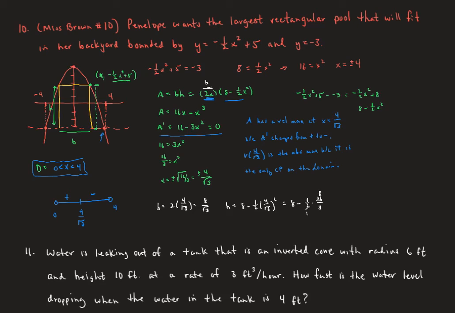We can cancel, and so that's going to be 8 minus 8/3. So since 8 is 24/3, that's 24/3 minus 8/3, which is 16/3, I think. So that's going to be our height. So we have our dimensions, our base and height of that rectangle. That's what our pool is going to have for a base and height.